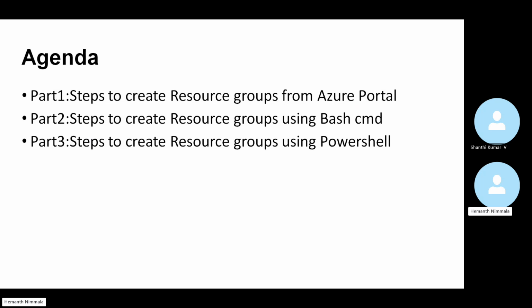There are three ways that we can perform activities related to resource group. One is through the Azure portal, second is through bash command, and third would be through PowerShell scripting. So let's look at the Azure portal first.